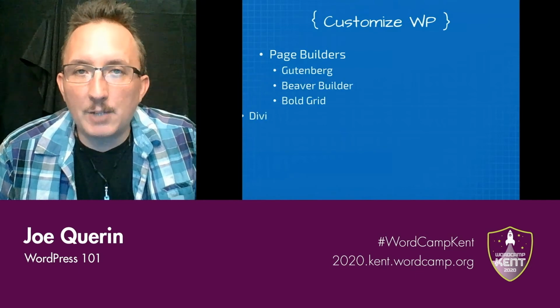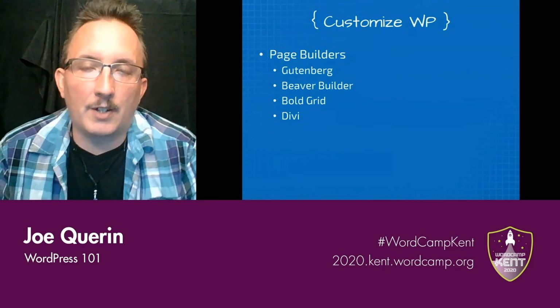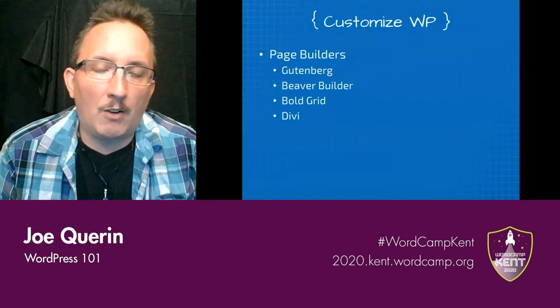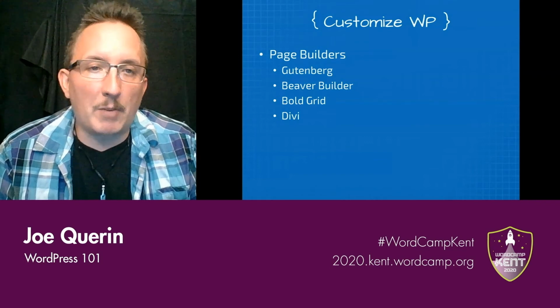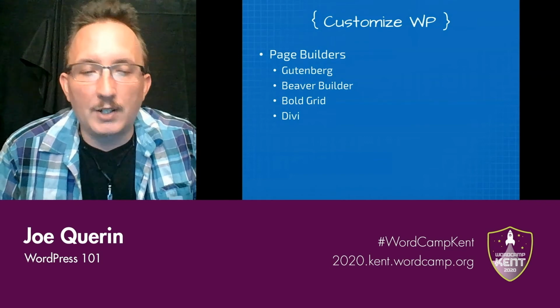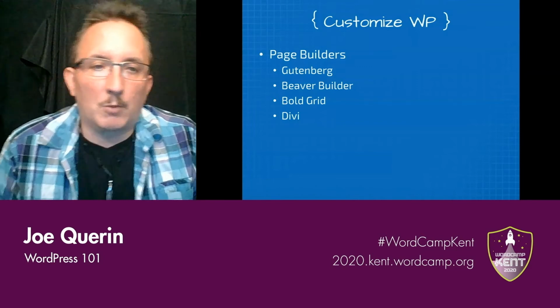You can also use page builders, like Gutenberg, the block page builder that WordPress ships with now. There's also Beaver Builder, Bold Grid, Divi, lots of different page builders that you can use. These all are plugins, except for Gutenberg. It's now baked into core. It's available in WordPress core.